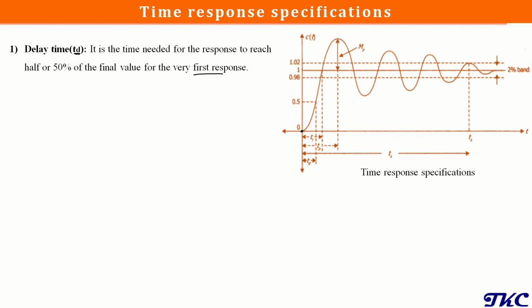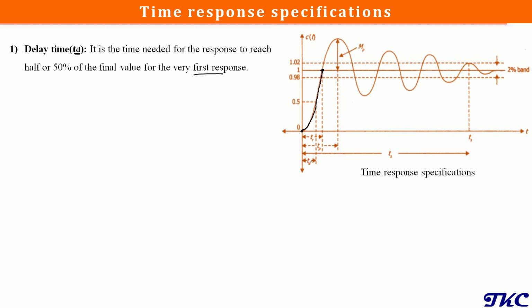So how much time is it going to take to reach half of this value, because one is the desired output that we are expecting from the system, and this is the first response that we get when we provide input to the system. So how much time this response takes to reach 50%, or half, of this expected value is defined by TD.